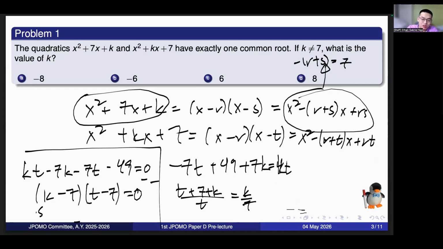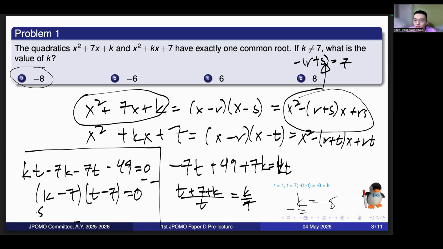So given that r equals 1 and t equals 7, we will have negative r plus t equals negative 8 equals k. From this case, we will get k equals negative 8, which shows that our answer is A.